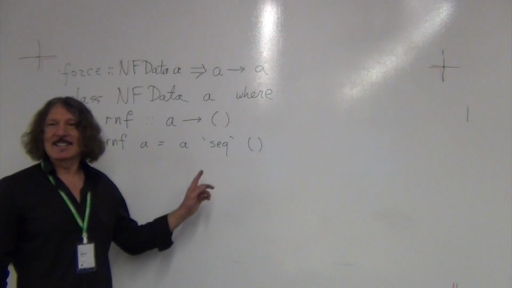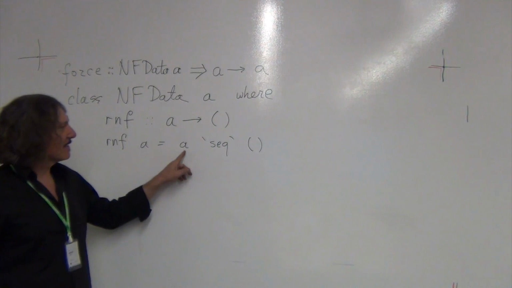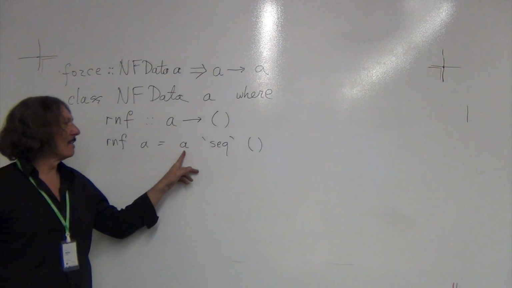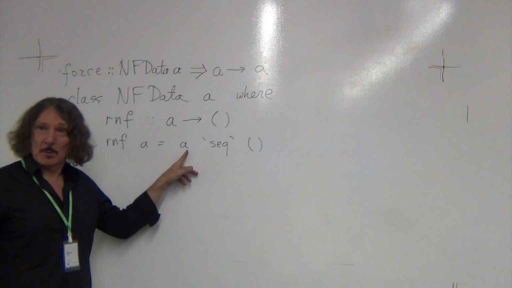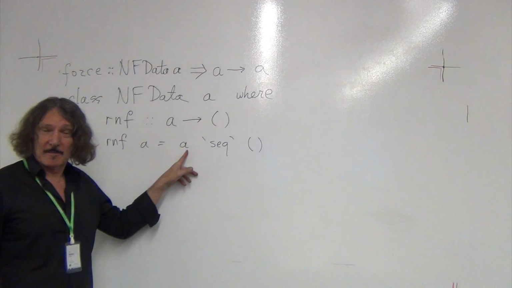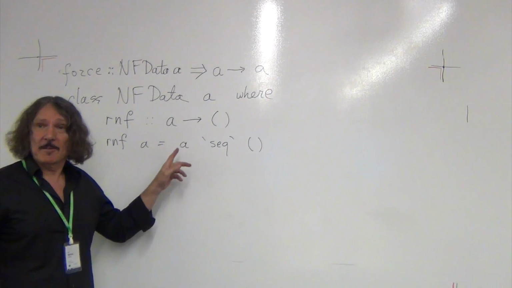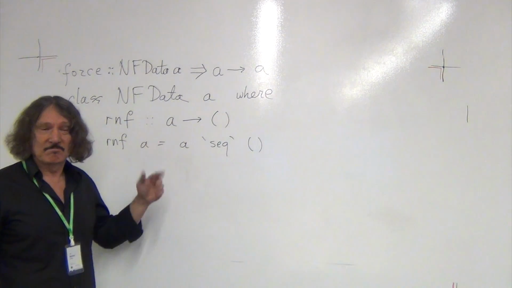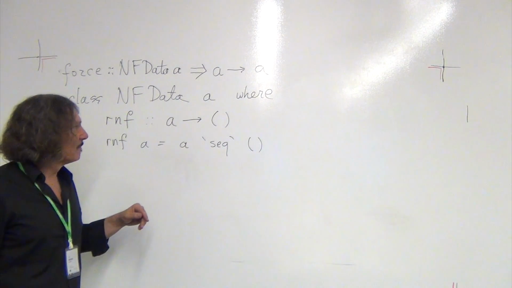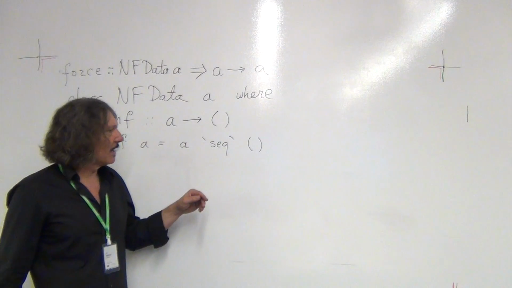We've seen this stuff before, right? That just forces the evaluation of a to weak head normal form. But that's good enough for all basic data types, like Integer, Boolean. So that's good enough.